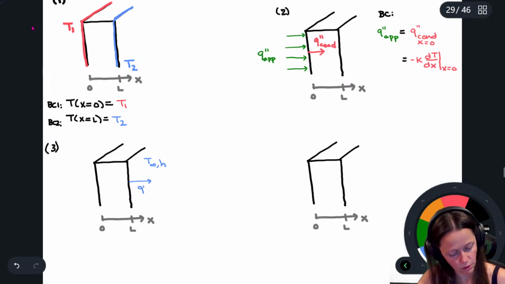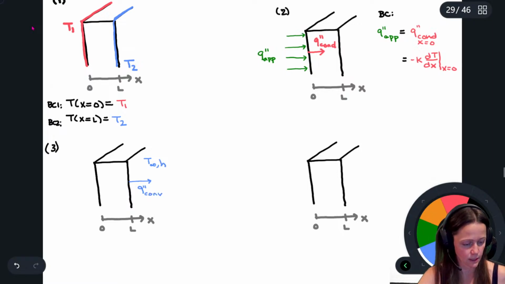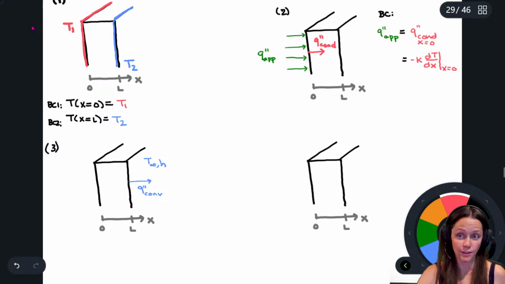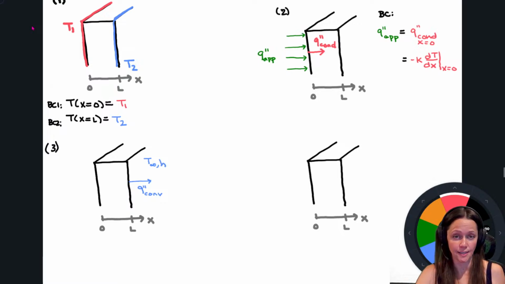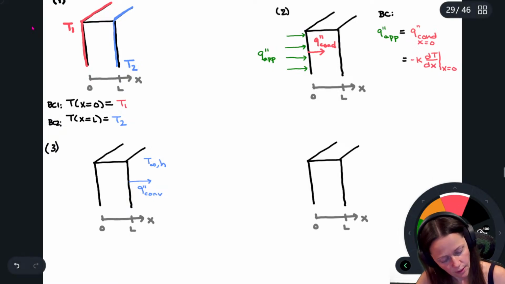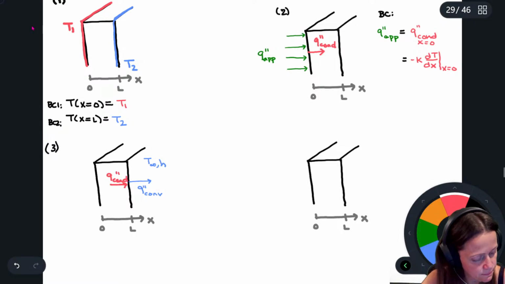So you know that there's got to be convection. And if you did an energy balance on that surface at x equals L, whatever is going in has to be going out. I'm going to put a little Q conduction, little hash marks there.